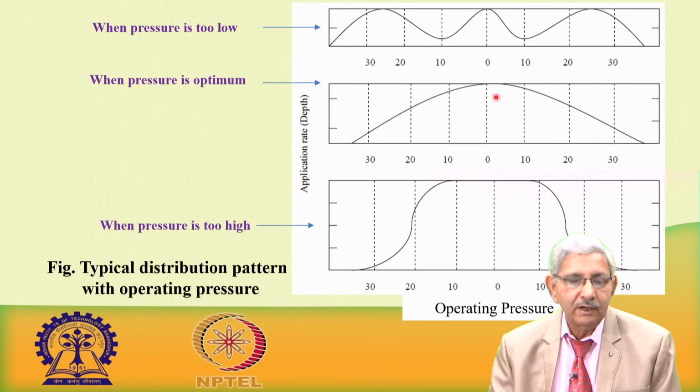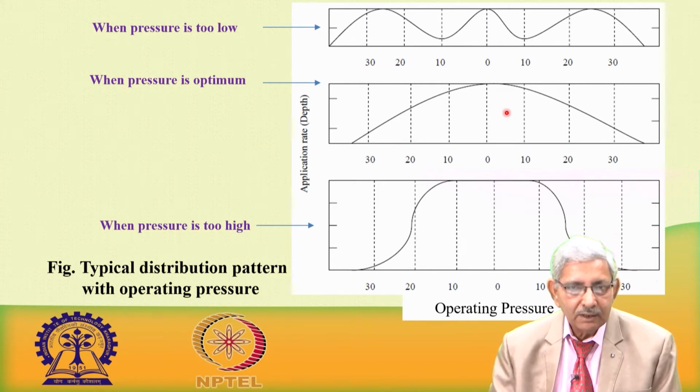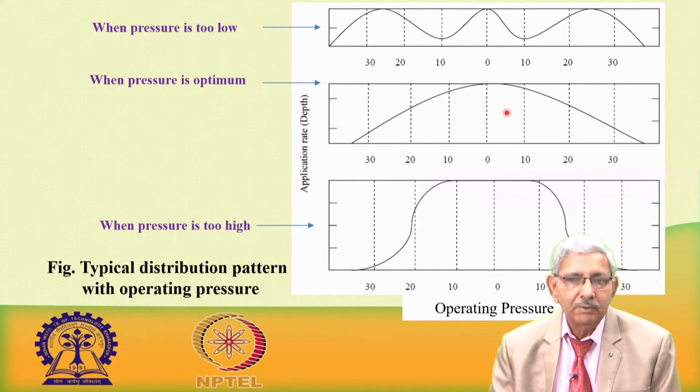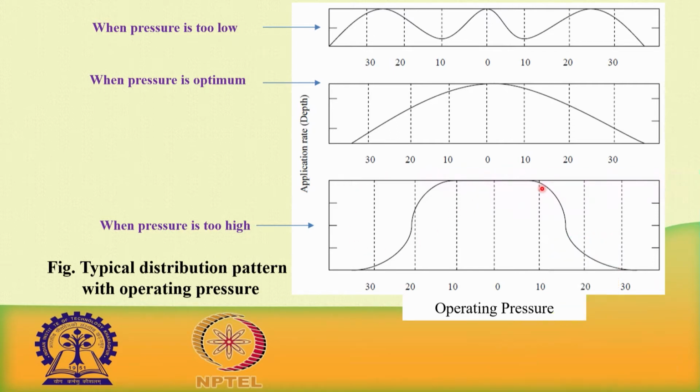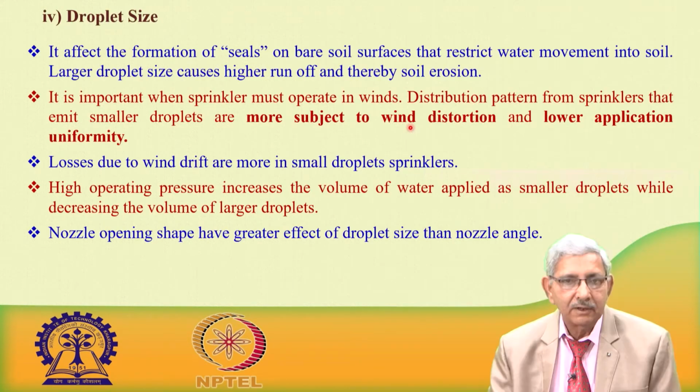But this is the ideal, and we are required to give appropriate overlap so that a uniform depth of water can be maintained. When the pressure is very high, you find this type of shape. So the ideal distribution of water is this one, when the optimum pressure is maintained.